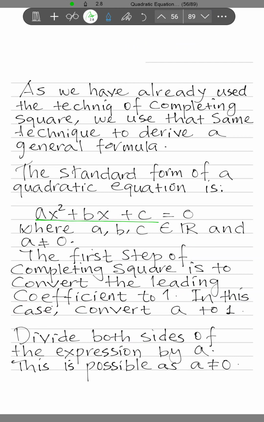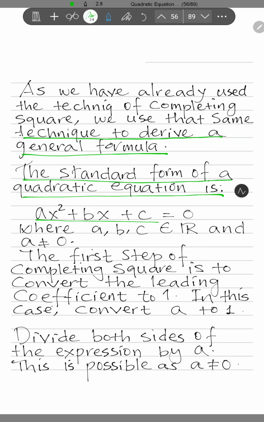As we have already used the technique of completing square, we use the same technique to derive a general formula for a quadratic equation. The standard form of a quadratic equation is ax squared plus bx plus c is equal to 0, where a, b, and c are constants and elements of real numbers, and a is different from 0.